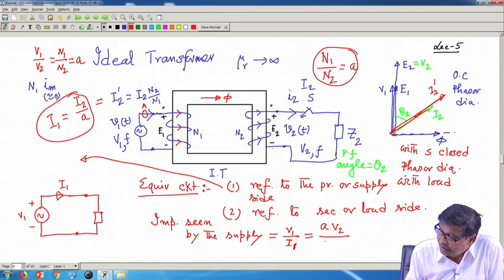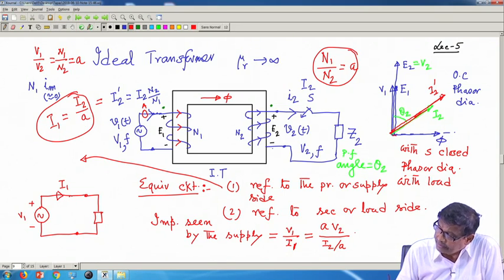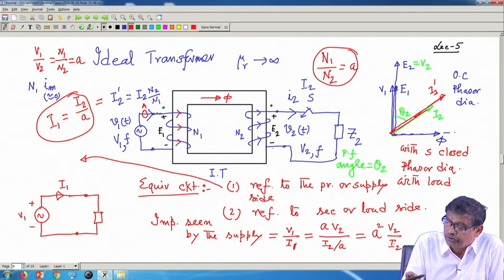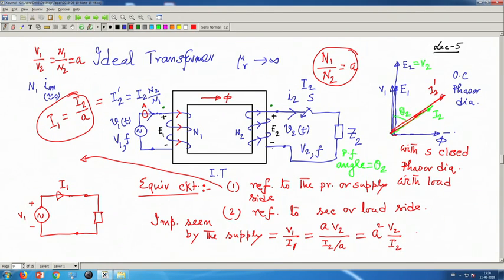So, I will write it as I2 by a, and this then becomes equal to a squared into V2 by I2, but V2 by I2 is Z2.